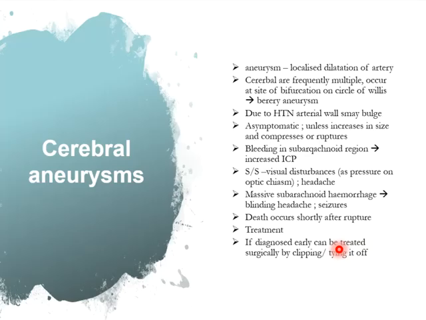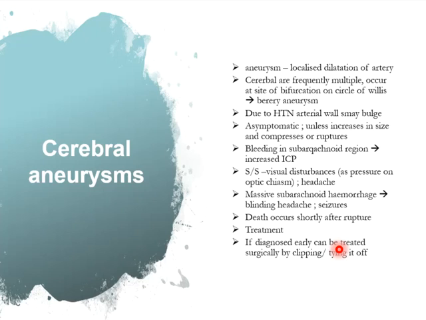The next we are discussing is a cerebral aneurysm. So what is a cerebral aneurysm? The aneurysm is a localized dilatation of the artery. You know, an artery is a tubular structure, right? So it is made up of different layers, the smooth muscle layers and the endothelial cell lining, and that is how the entire tubular structure of the artery is made.